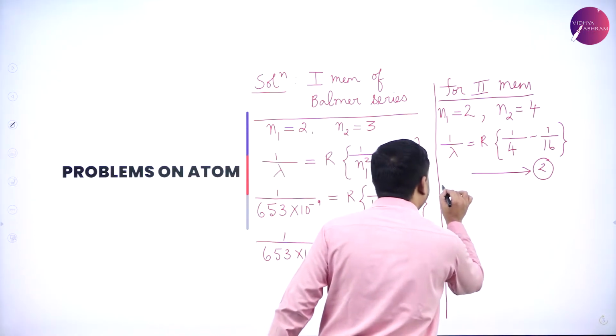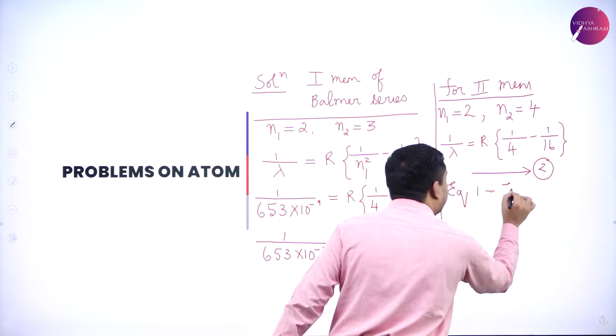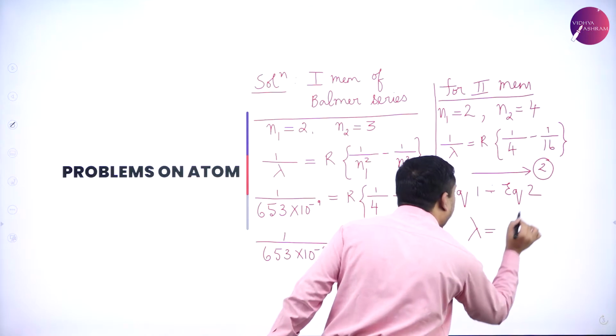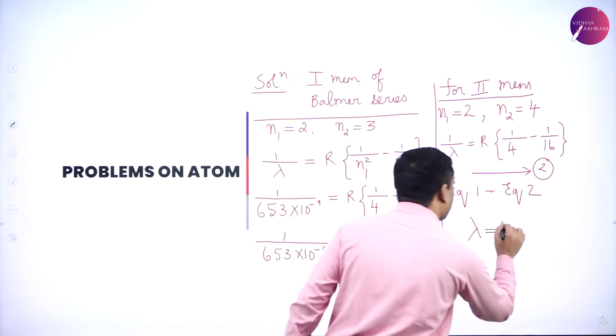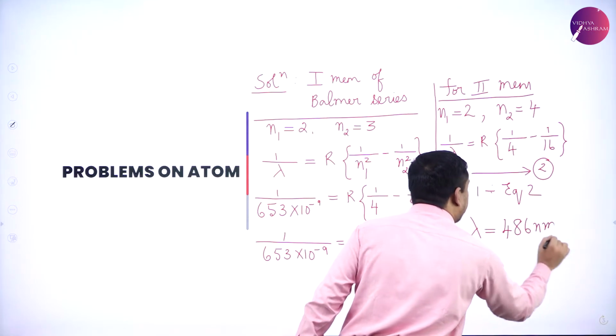Now, equation 1 divided by equation 2, lambda for the second member turns out to be 486 nanometer.